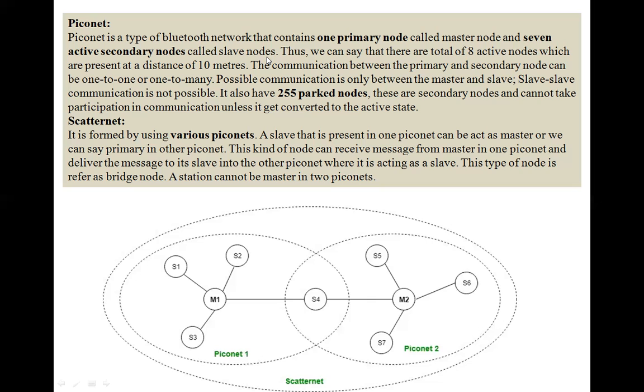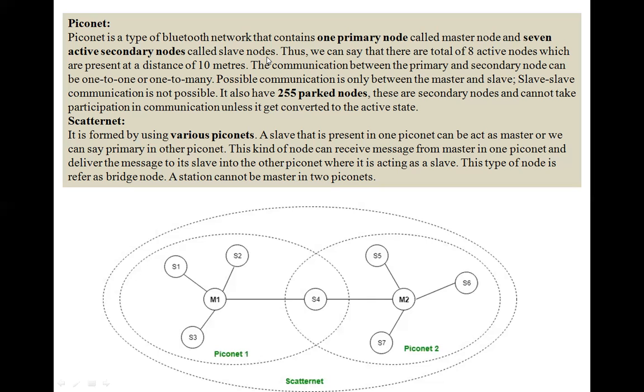This kind of node can receive a message from the master in one piconet and deliver the message to its slaves in the other piconet where it is acting as master. This type of node is referred to as a bridge node. A station cannot be a master in two piconets.